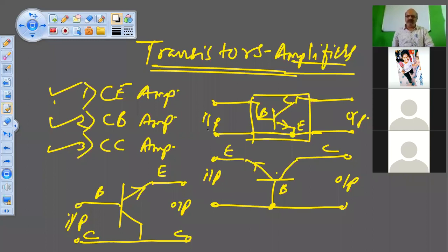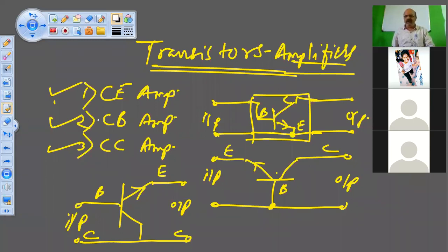Why do we make it common? Because a transistor is a 3-terminal device and we require minimum 4 terminals: 2 terminals at the input and 2 terminals at the output. That's why we make 1 terminal common and we can achieve the 2-port network. So here collector is common, so we call it a common collector amplifier.